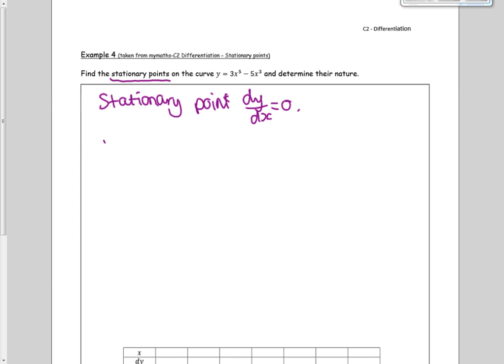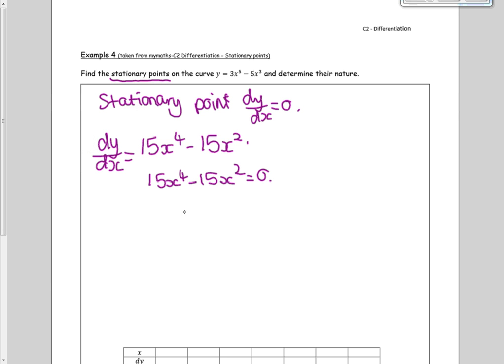So the first thing we need to do is actually find dy by dx. So when we differentiate, we multiply by the power and reduce the power by 1. And again, multiply by the power and reduce the power by 1. So we want to find where 15x to the power of 4 minus 15x squared equals 0. Well, that's going to be the same as where x to the power of 4 minus x squared equals 0.